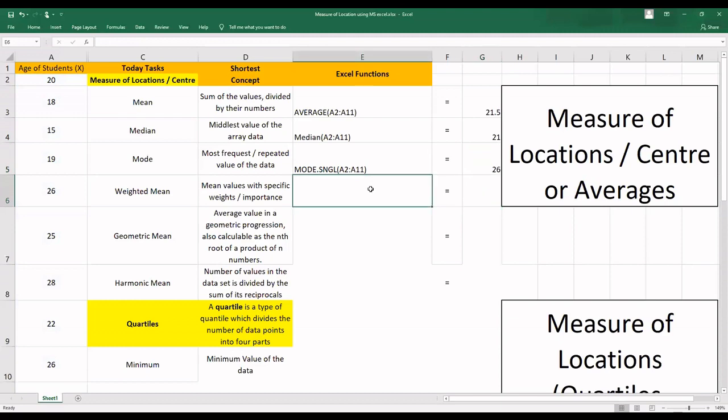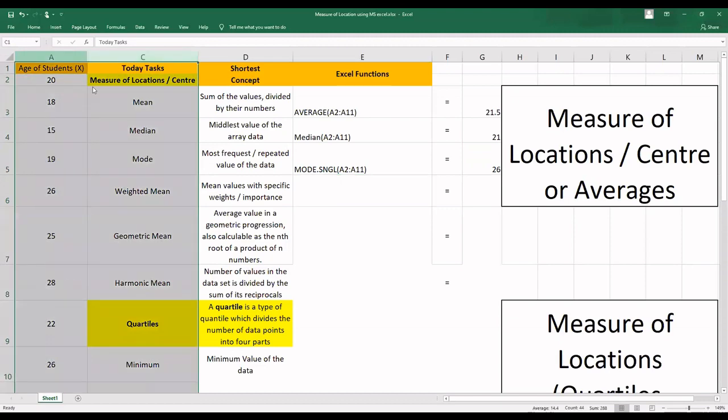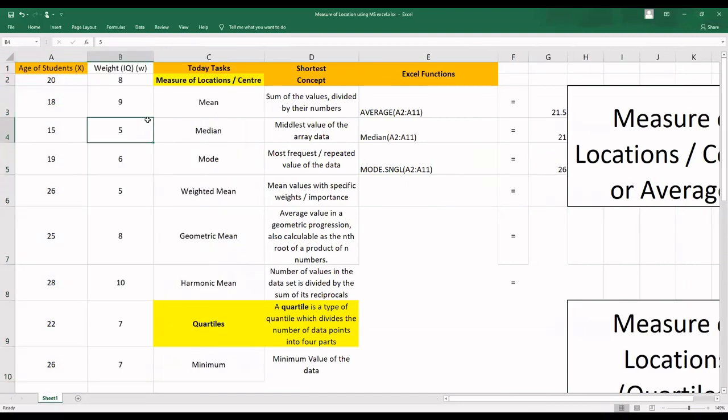The next is weighted mean, a very popular method: how you can find the mean by using specific weights. I have a weight column. The weight is the IQ level of the students, and I'm using it out of 10. The main concept is the weighted mean, the value with a specific weight of specific importance.